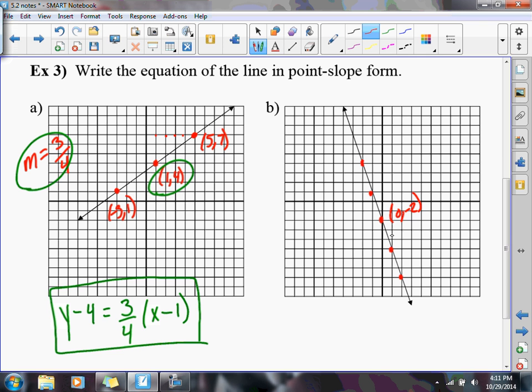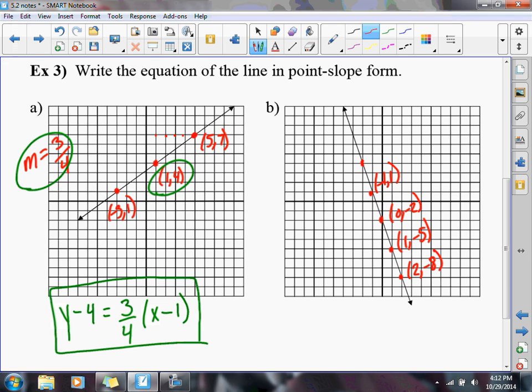I've got 1, -5. I've got -1, 1. I've got, what's this one? 2, -8.